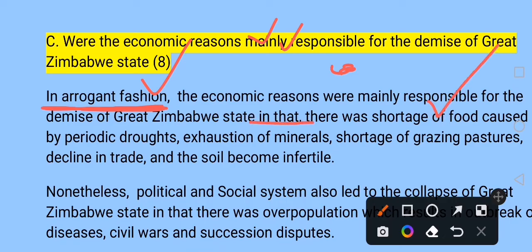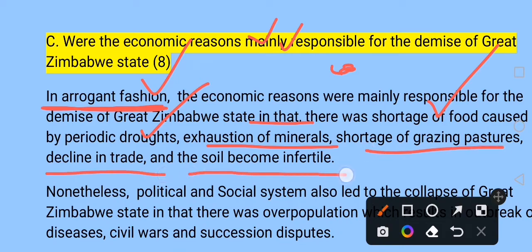Ndakutaura manje ma economic reasons akakonzesa. Ndova na shortage of food caused by periodic droughts, ndova na exhaustion of minerals, ndova na shortage of grazing pastures, ndova na decline in trade, ndova na the soil becoming infertile, ndova na famine inofana kupinda futi ipapo, drought taitaura drought inofana kupinda futi ipapo.